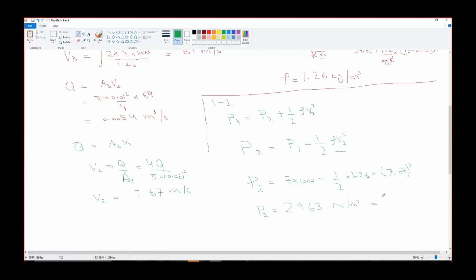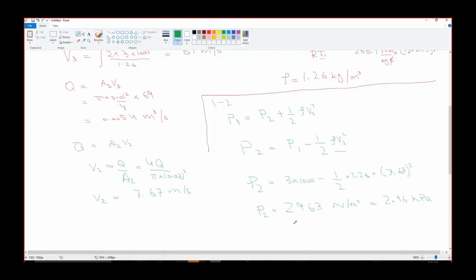So that 0.4 kilopascals has converted into what? The pressure at point 1 is 3 kilopascals and the pressure at point 2 is 2.96 kilopascals.